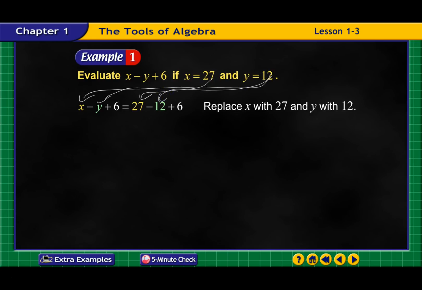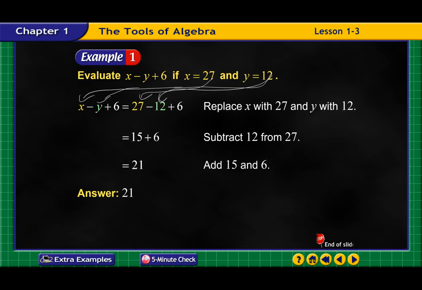So 27 minus 12 plus 6. I would just say punch that into your calculator, because that's what most of you are going to do. But you do want to go from left to right. 27 minus 12 is 15. 15 plus 6 is 21. My answer will be 21. Remember, in our homework, I want that check mark.